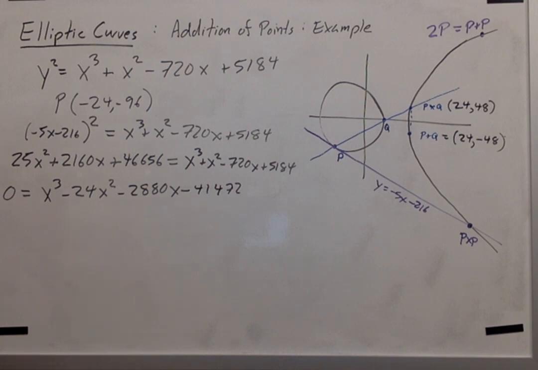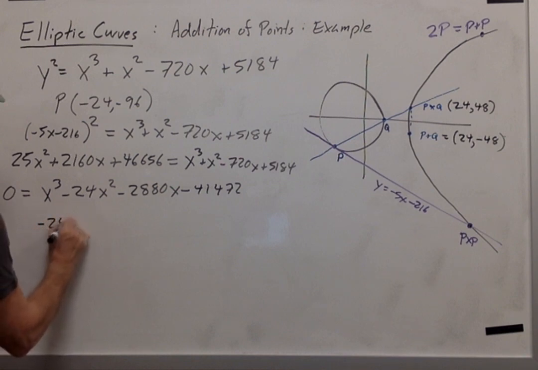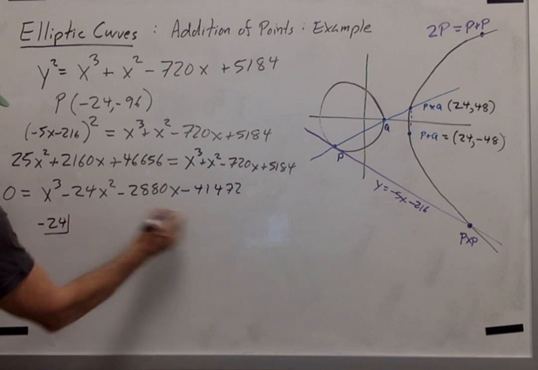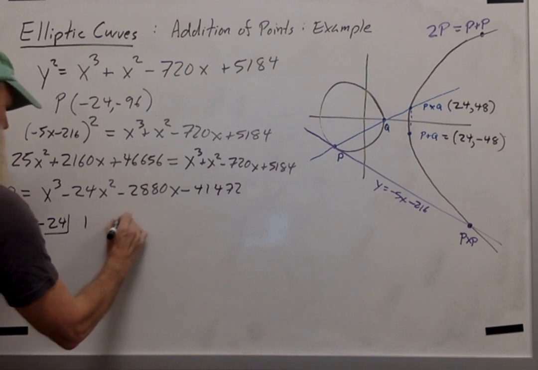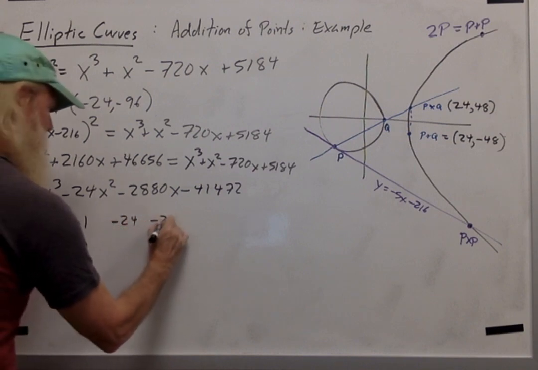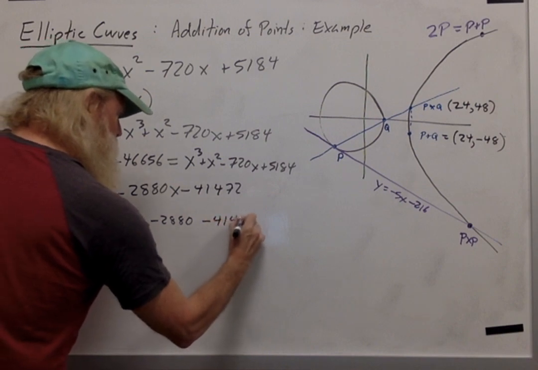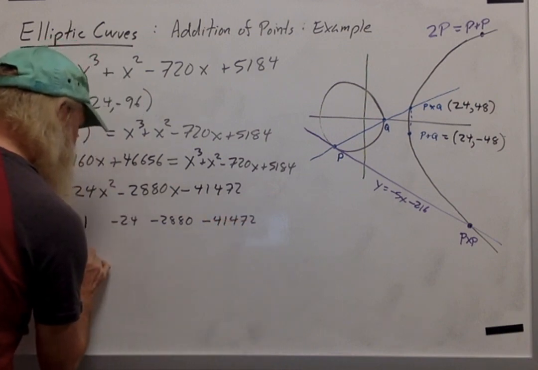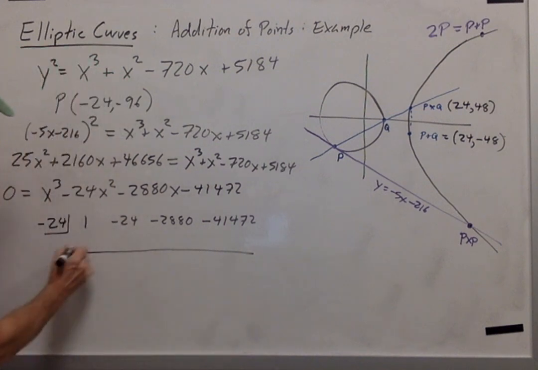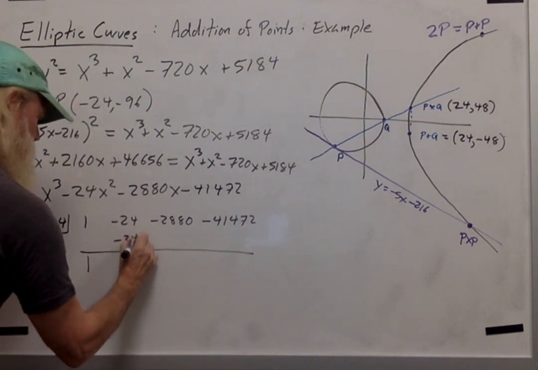Again, good news is we already know what 2 of the solutions are. They're going to be negative 24 and negative 24 again. Let's verify that using synthetic division. So let's take negative 24 into 1, negative 24, negative 2880, and negative 41,472. Bring down the 1. Negative 24 times 1 is negative 24.